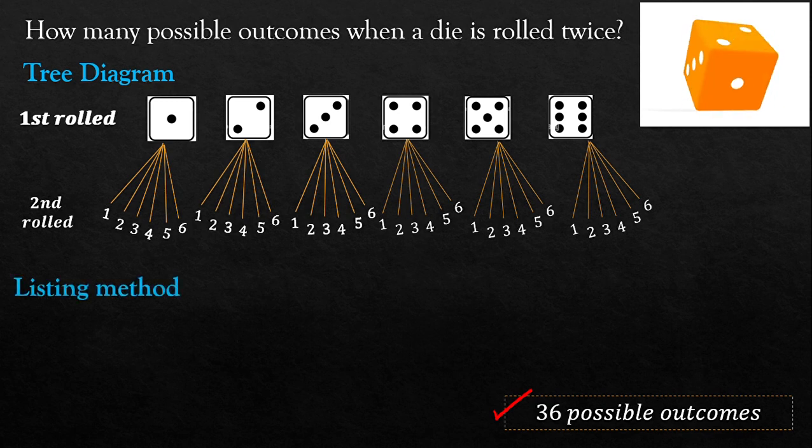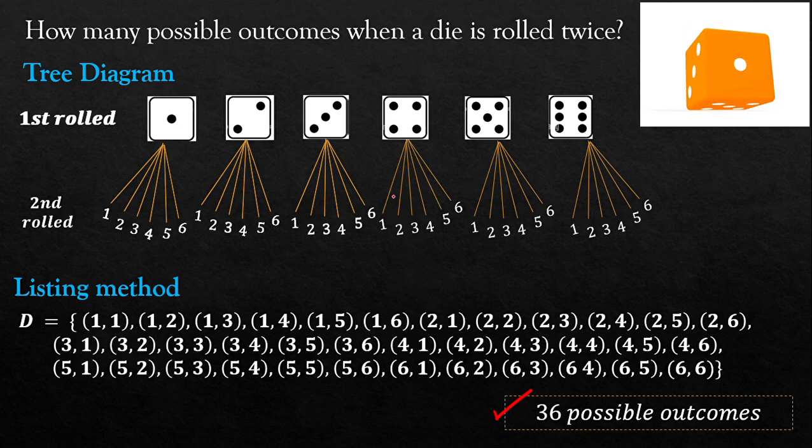In the listing method, this is how we list all the possible outcomes when a die is rolled twice. For the first possible outcome, when you first roll a die, you will get 1, and in the second roll, you will also get 1. So that is the first possible outcome.